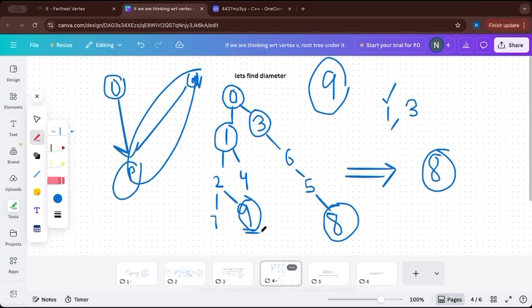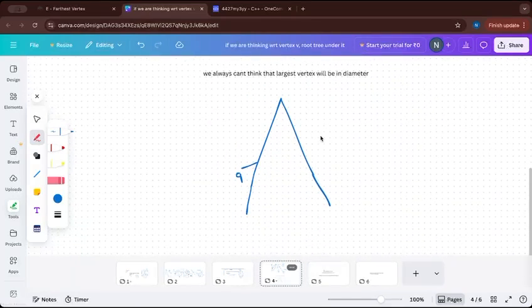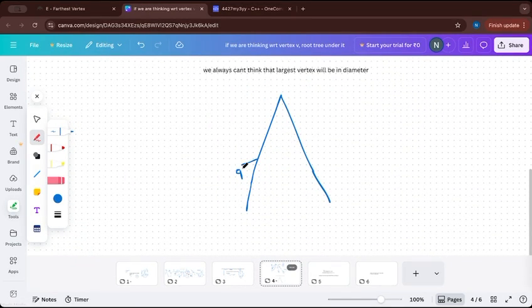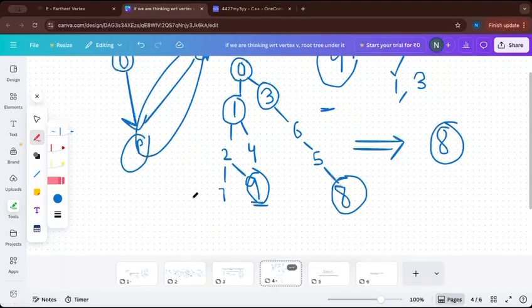We should not blindly return 9 if it is not in the diameter, right? This can be a case: this is 9, and this is the diameter. Then these two are the boundaries of the diameter, but not 9. So simply we cannot think about 9.